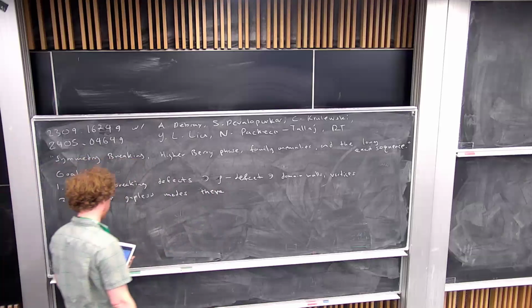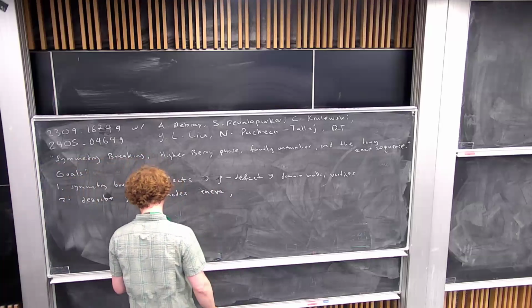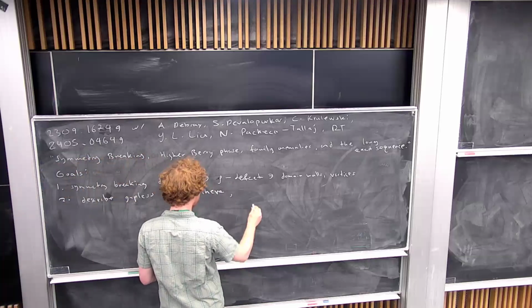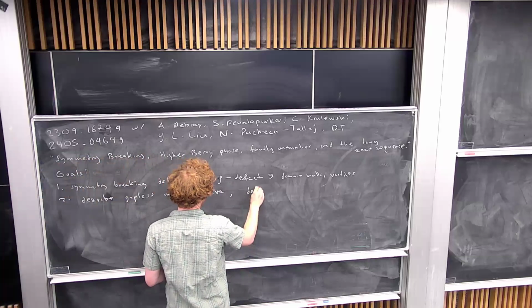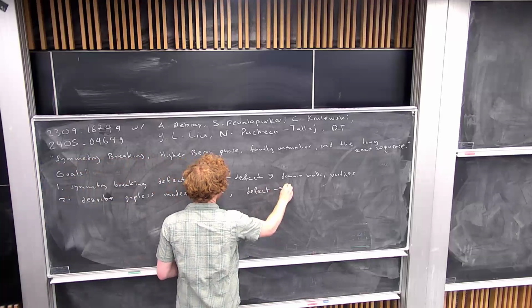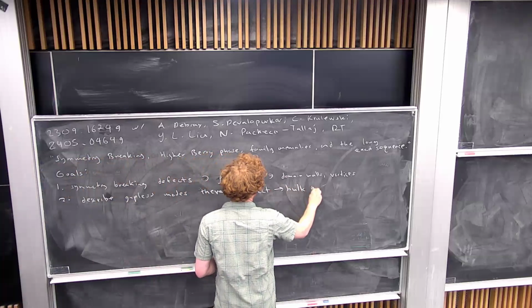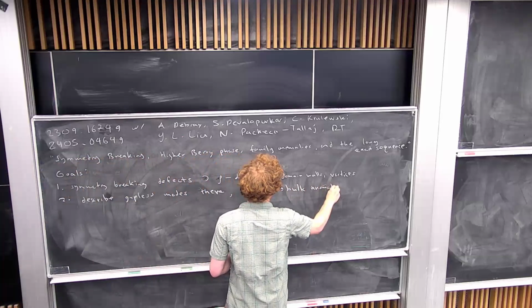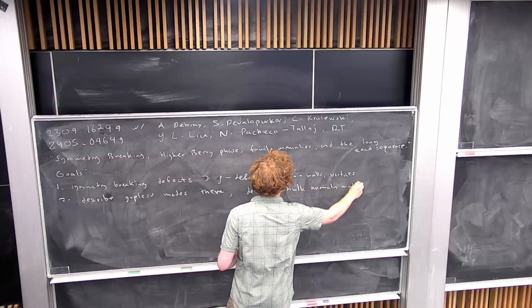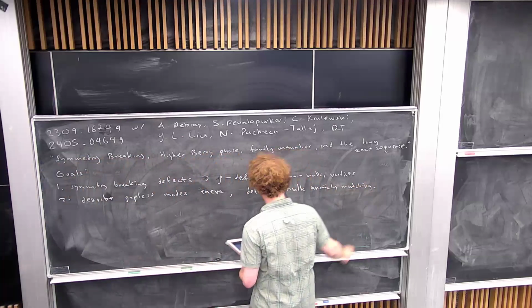In particular, we're going to prove some kind of defect to bulk anomaly matching, which is a generalization of the usual bulk boundary correspondence.